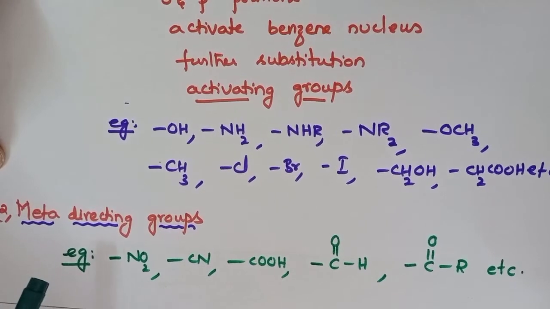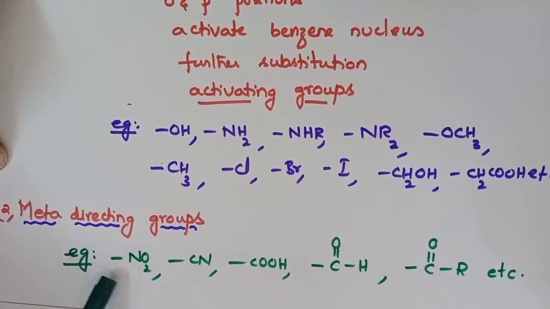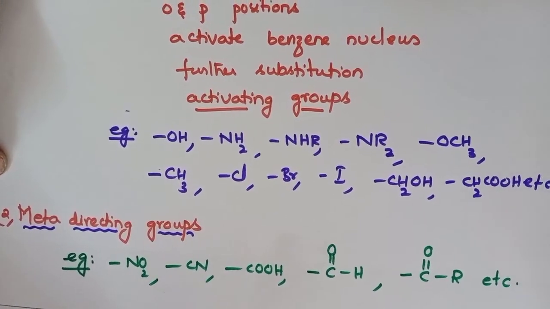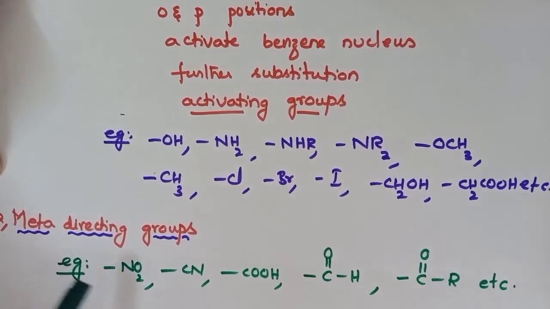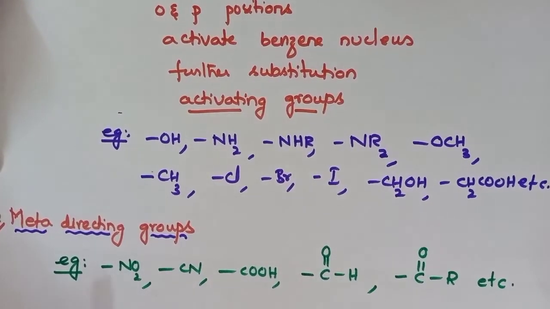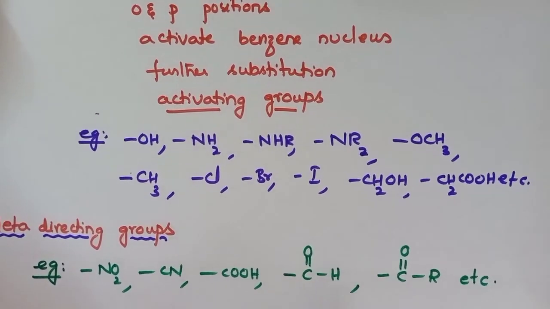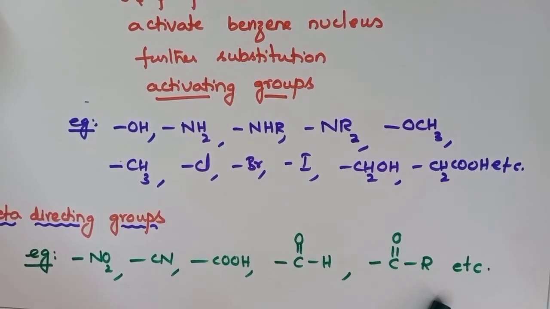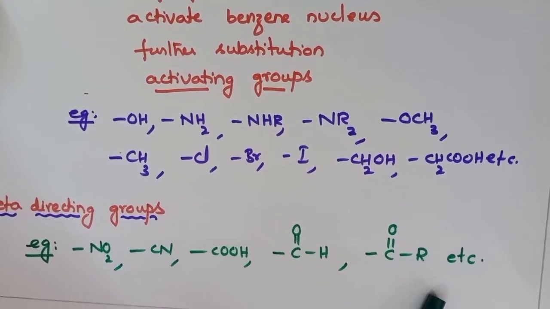Here meta-directing groups hinder further substitution. Hence, these groups are called deactivating groups. If you learn ortho-para directing groups, automatically by contrast you can write down meta-directing groups also. Here are a few examples students: NO2 group, CN group, COOH, CHO group, COR, etc. Okay, so these are the ring activating and deactivating groups.